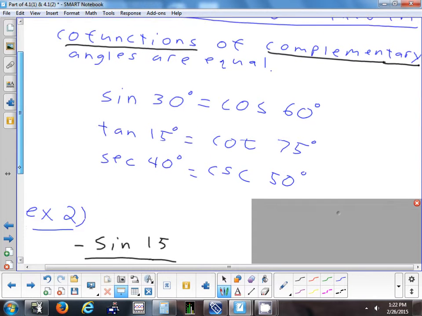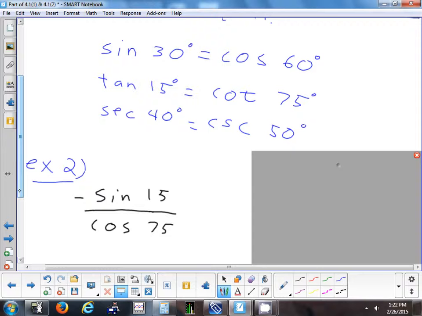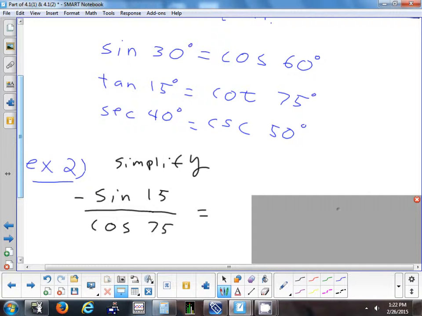Okay, and here's where you would use something like that. I want to simplify. I want to figure out what that is. And for this part, I'm not going to use a calculator. Let's just look at what we've got. Sine, cosine. Those are cofunctions. 15, 75.